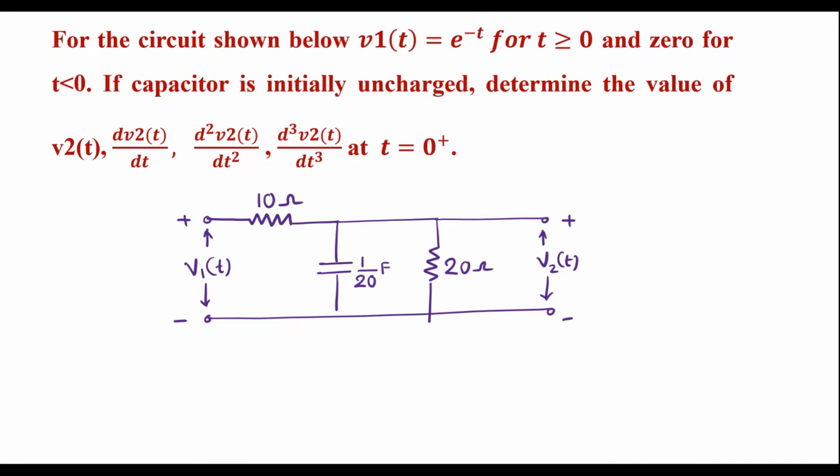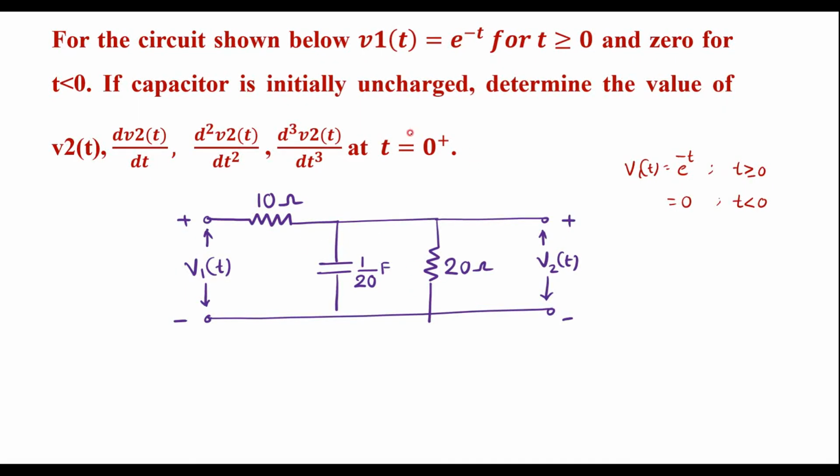This is the given circuit. Here we can observe that the voltage between these two terminals is V1 of t and the voltage between these two terminals is V2 of t. It is said that V1 of t is e power minus t for t greater than or equal to 0 and its value is 0 for t less than 0.